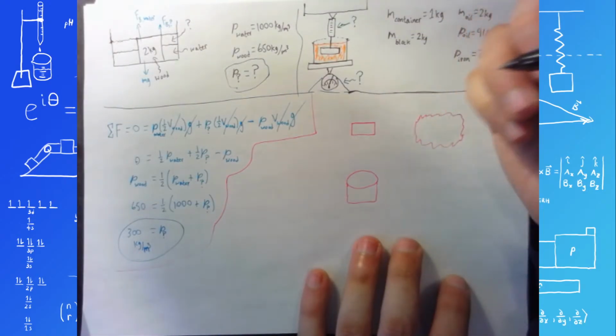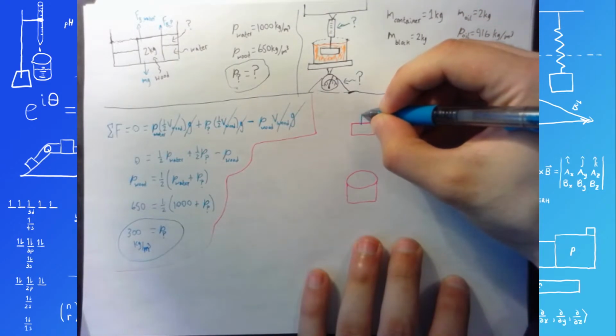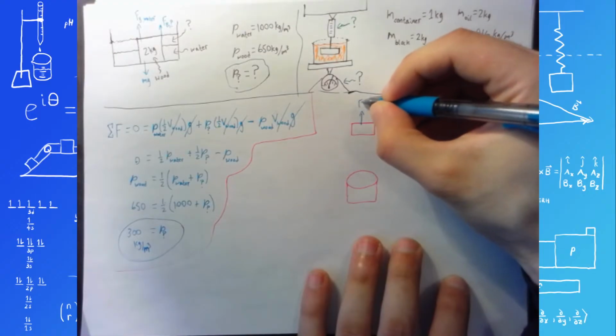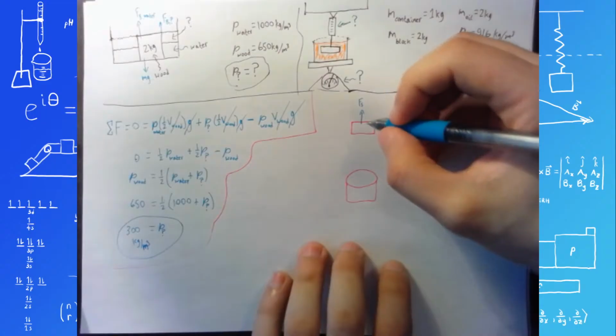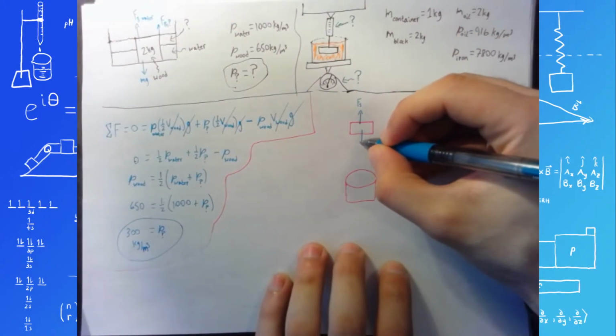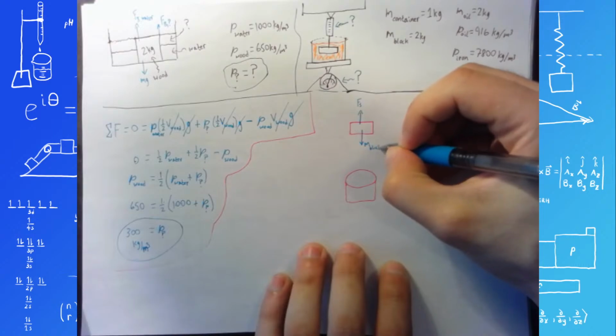So on the block, we've got the force of the spring scale, so we've got some sort of spring force exerted upward. We have, of course, the force of gravity exerted downward. So that's m block times g.